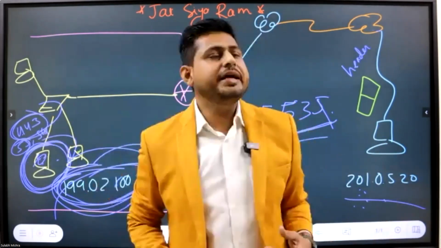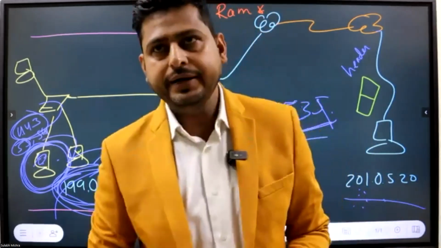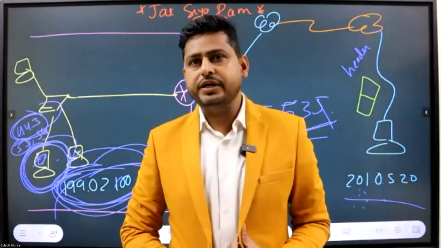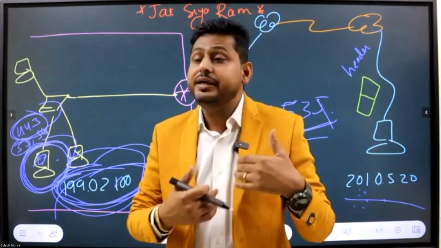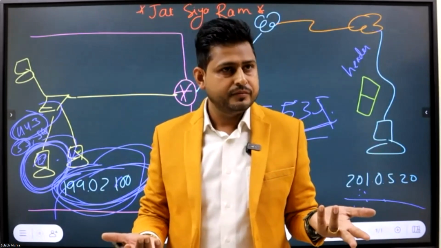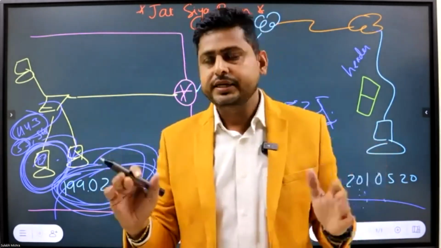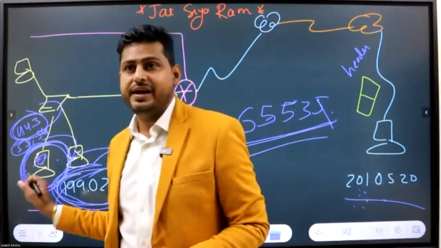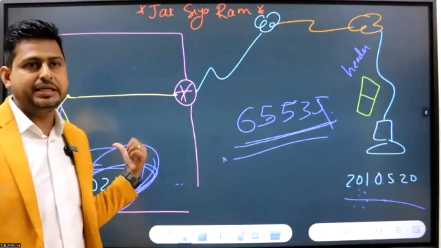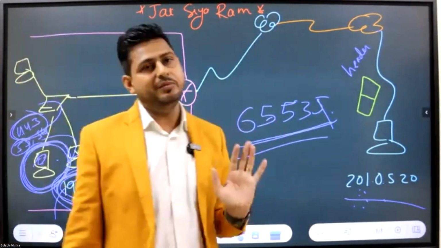Understand? So for any application you are hosting on the server, so that people can access it from outside, we have to define on which port number a particular application will be accessible. Inside the system you have multiple port numbers, so you have to assign one port number to an application that you want other people to be able to access.